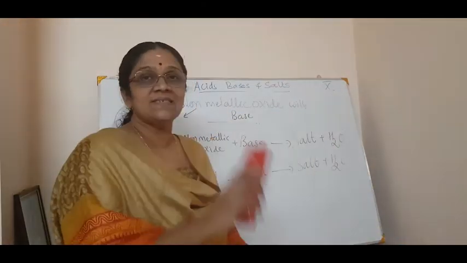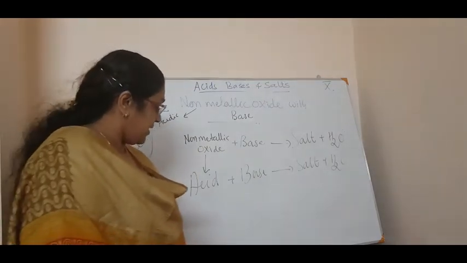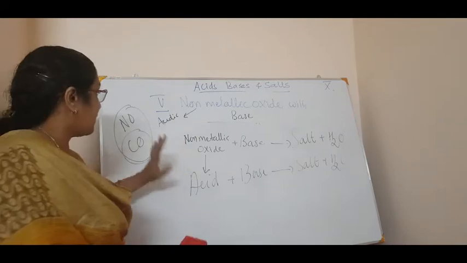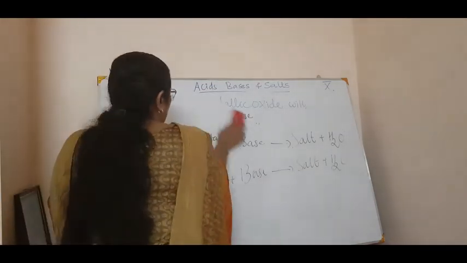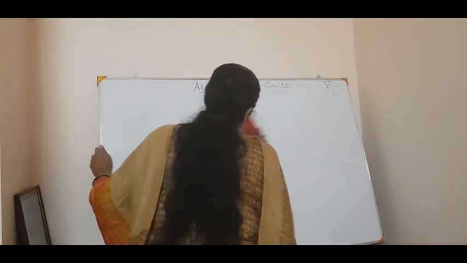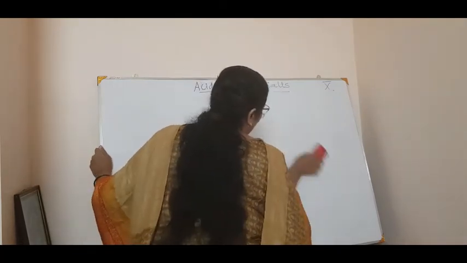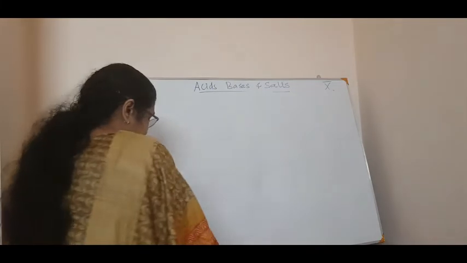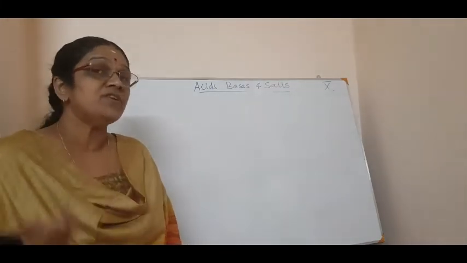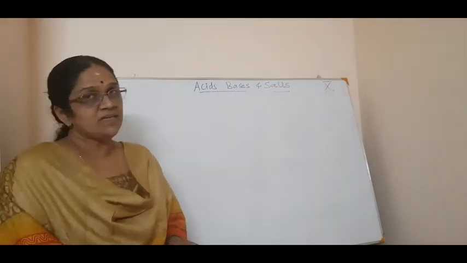Next we will pass on to the real thing: actually what are acids and bases. Hope you are clear with it. Now we will see what is common in acids as well as bases. In the first session I told you there are so many definitions for acids and bases.